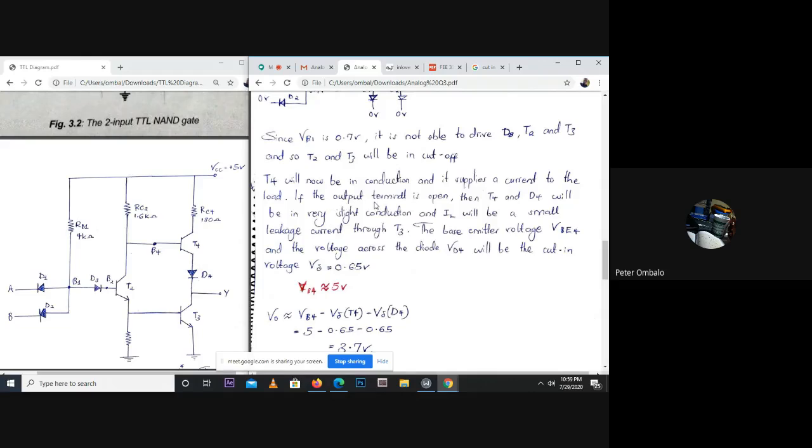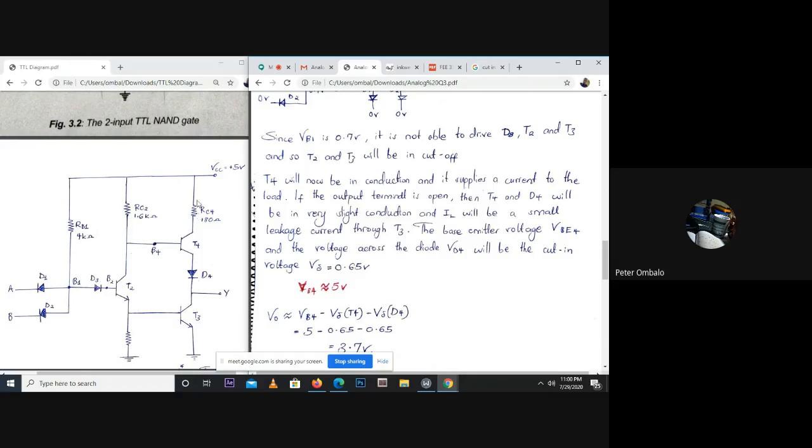We are going to consider two cases. We have figured that T4 is in conduction, but we're going to consider a case where Y is open and a case where Y has a load. So if Y is open, then T4 and D4 will be in very slight conduction, and IL will be a small leakage current.